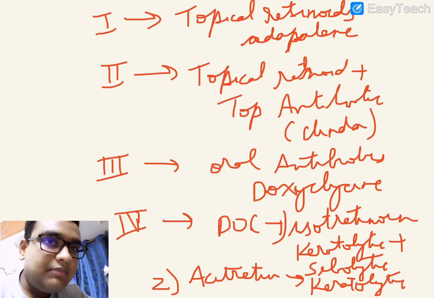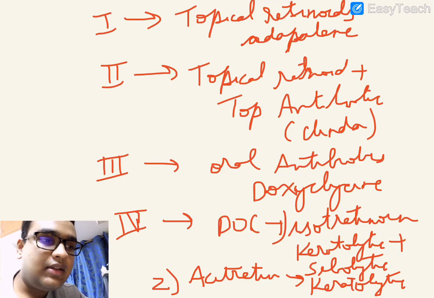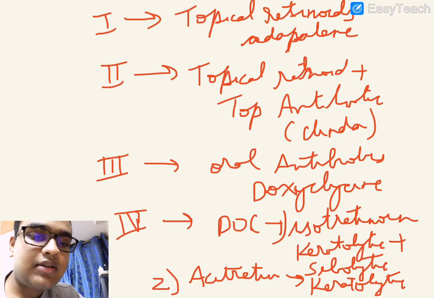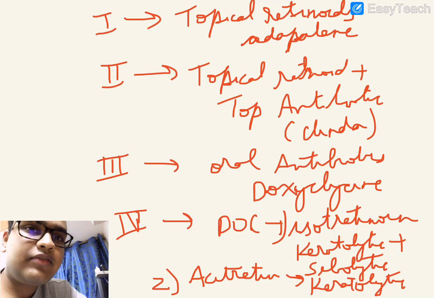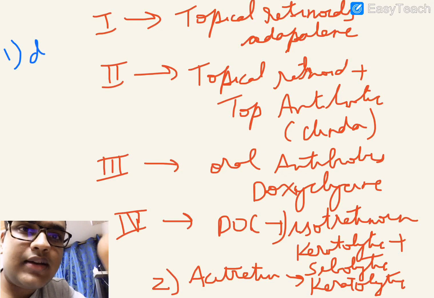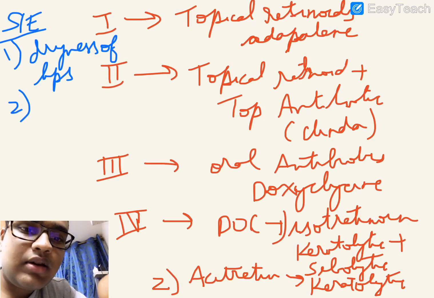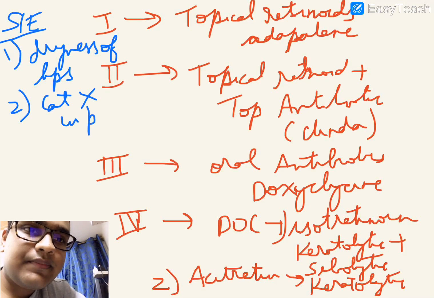Before we finish this topic on treatment of acne, you have to know the side effects of isotretinoin. Apart from your normal routine side effects, you have to know these 3 important side effects. Number 1, the most common side effect, is dryness of lips. Second, it is contraindicated, category X in pregnancy.